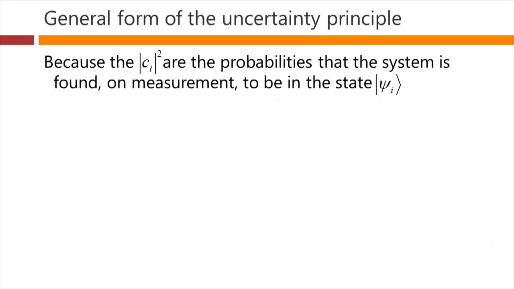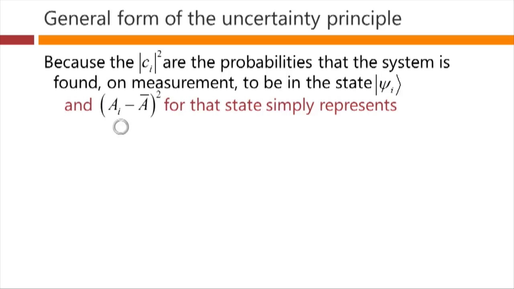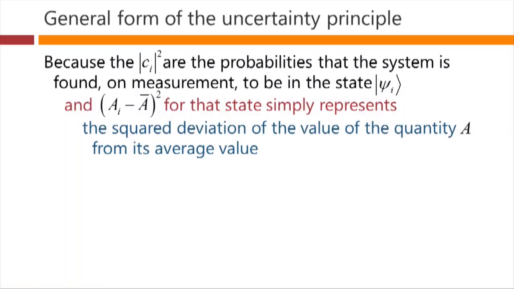Now, because, as we said, these modulus squareds of ci are just the probability that the system is to be found on measurement to be in this state psi i, then this quantity here for that state simply represents the squared deviation of the value of the quantity A that we are measuring this time from its average value.